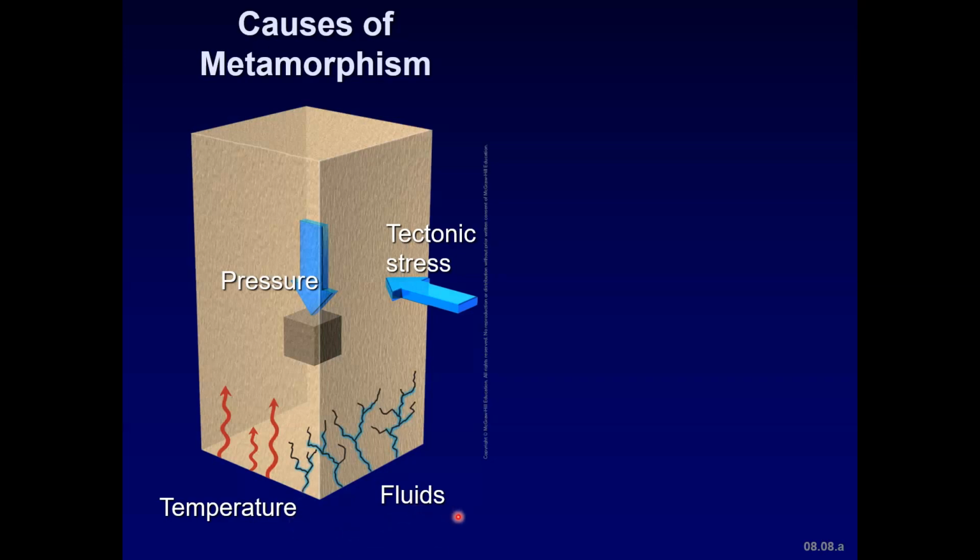An introduction of fluids can interact chemically with certain minerals and cause new minerals to replace existing ones. So the response of the rock would be to deform and/or grow larger minerals, grow new minerals, or be cut by veins, like from these fluids precipitating new minerals.